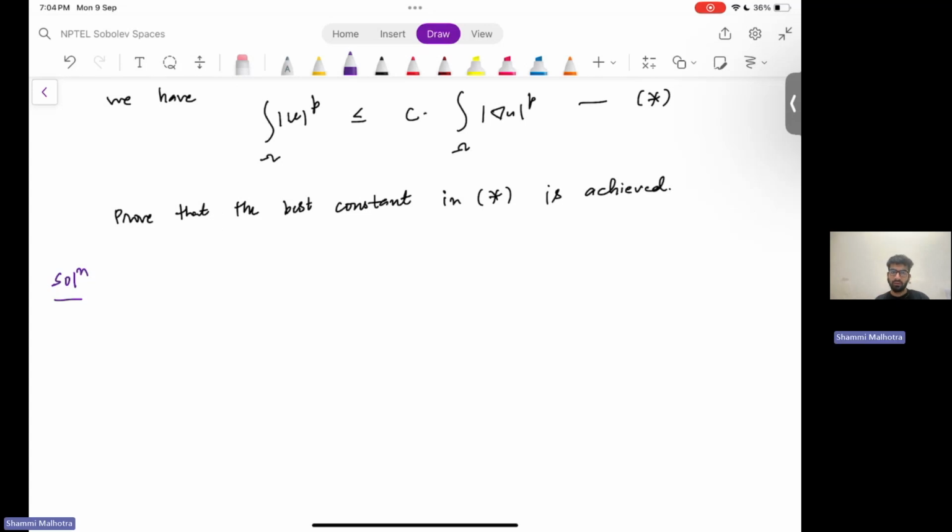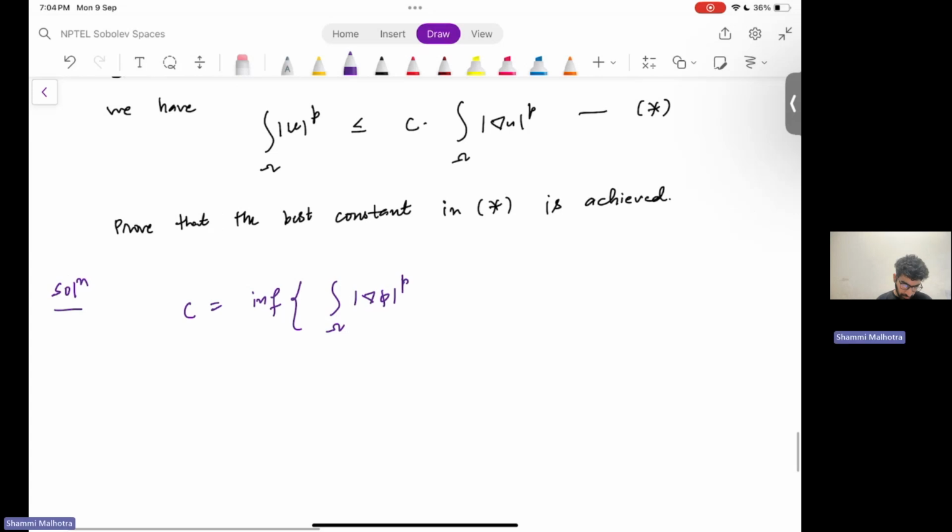So let C be the infimum of the integral over omega of |gradient of phi|^p, such that phi belongs to W_0^(1,p)(omega) and the integral over omega of |phi|^p is 1.